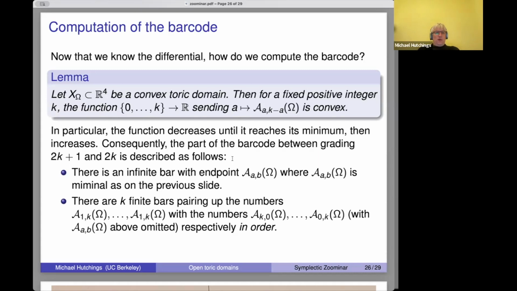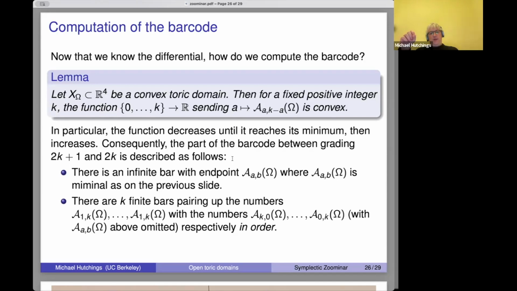So for any persistence module, it's isomorphic to a canonical sort of simple persistence module which is a direct sum of two-term chain complexes where there's a differential from one generator to another, together with some isolated generators which have no differential.